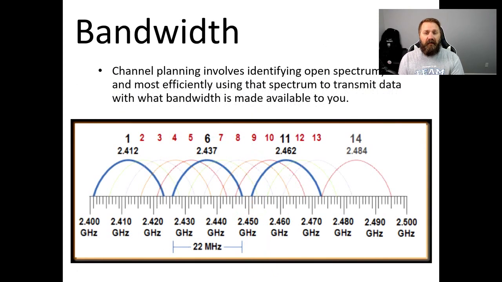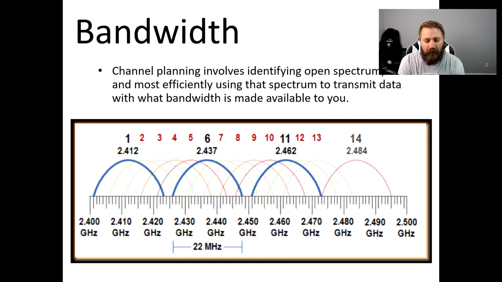So what does that mean to us? Well, number one, when we're doing channel planning, obviously we want to know what kind of bandwidth we have. How big is the band? Like in 2.4, for example. Not very much channel space to go around here, so the bandwidth is obviously limited.